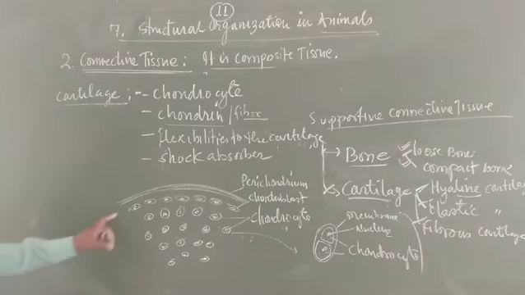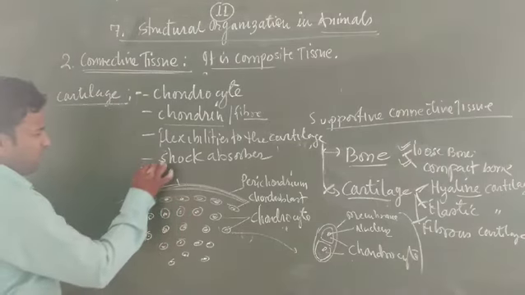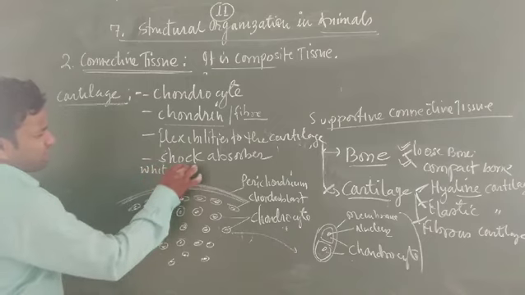Due to the loosely arranged cells and no deposition of extra calcium carbonate and phosphate in it, it does not have hardness like bone. It is a soft part and it is flexible. It is a flexible part of the body. The cartilage is enclosed in a sheet of white fibrous tissue called perichondrium. It is also made up of white fibrous tissue.